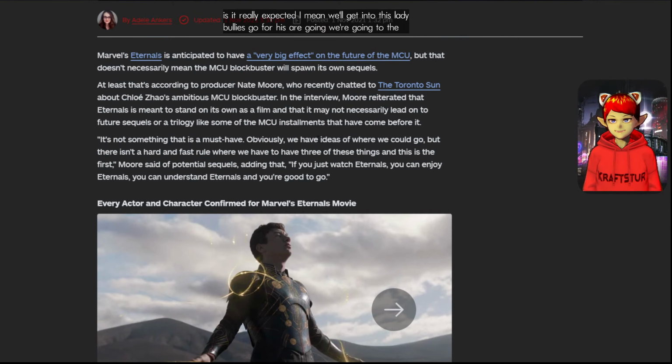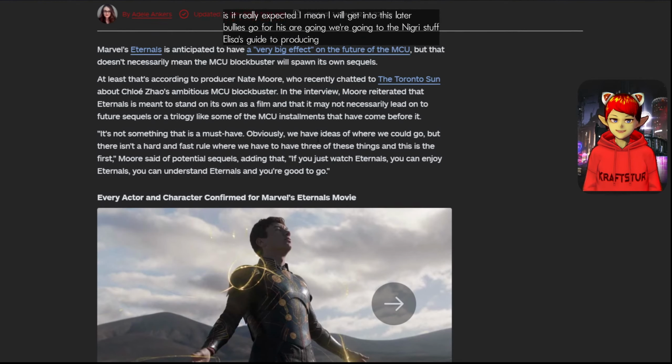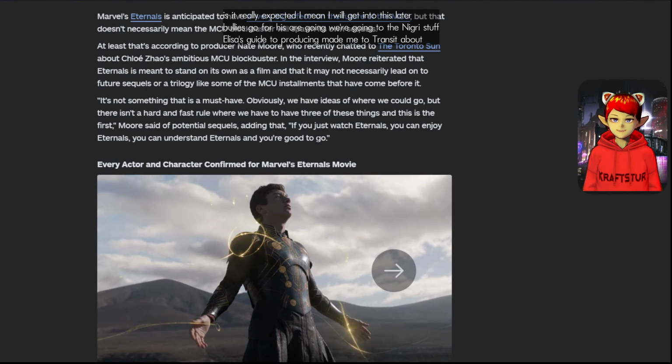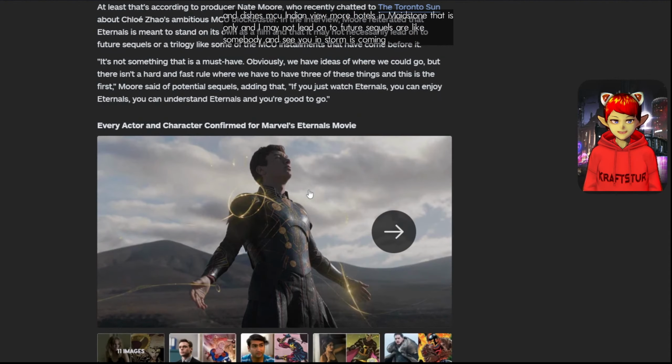At least that's according to producer Nate Moore, who recently chatted to the Toronto Sun about Chloé Zhao's ambitious MCU blockbuster. In the interview, Moore reiterated that Eternals is meant to stand on its own as a film, and it may not necessarily lead on to future sequels or a trilogy, like some of the MCU installments have before it.